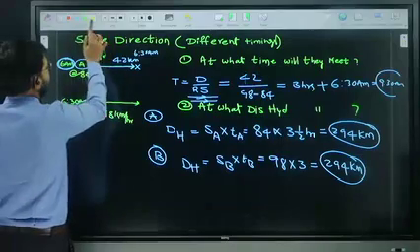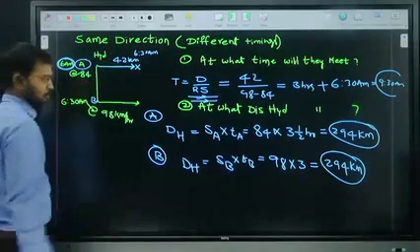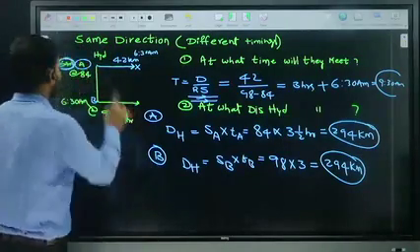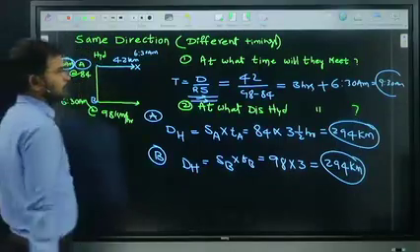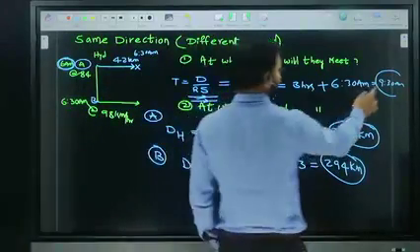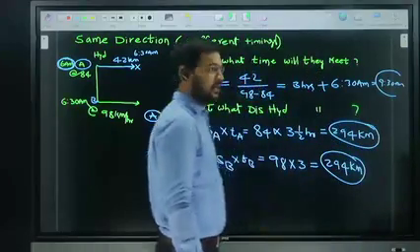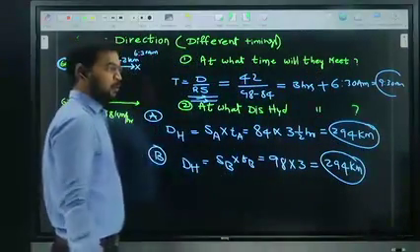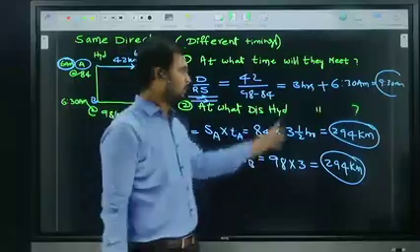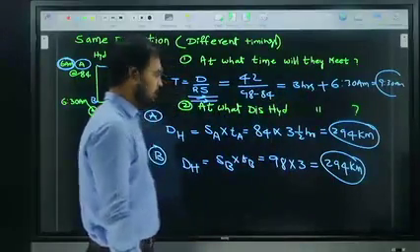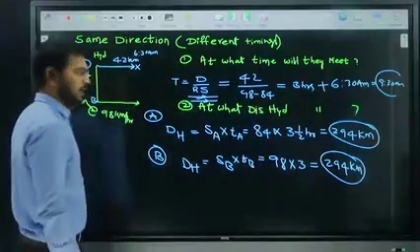Starting time is 6 a.m. and meeting time is 9:30 a.m. So the difference is what? 3.5 hours. A train's speed is 84 kilometer per hour.